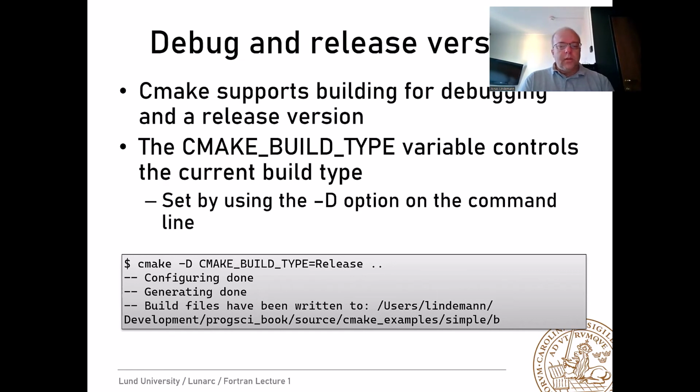So CMAKE_BUILD_TYPE equals Release will compile an optimized version of your code. So one thing you can do here is have two build directories, one build-release and one build-debug, and you can build the release version in one of them and the debug version in the other one. So once you generate your makefiles, the debug will build the debug and the release will build the release version.